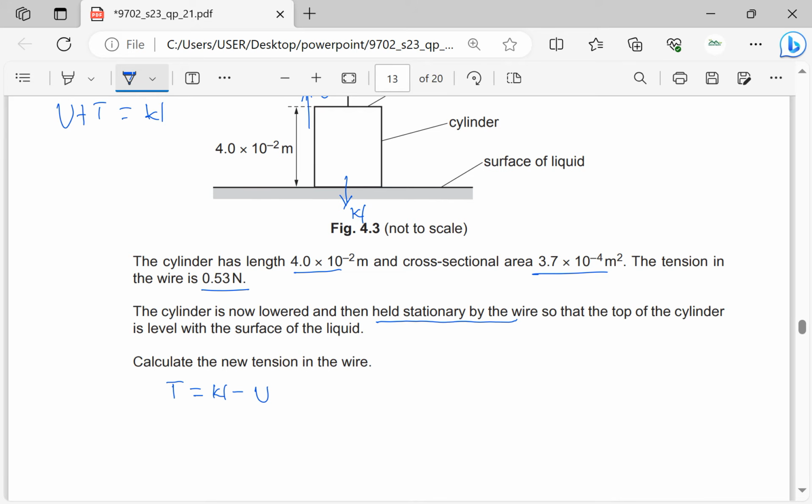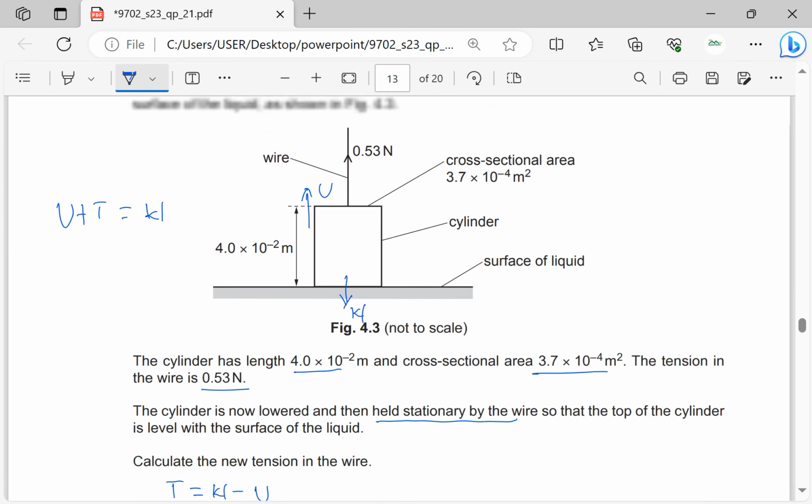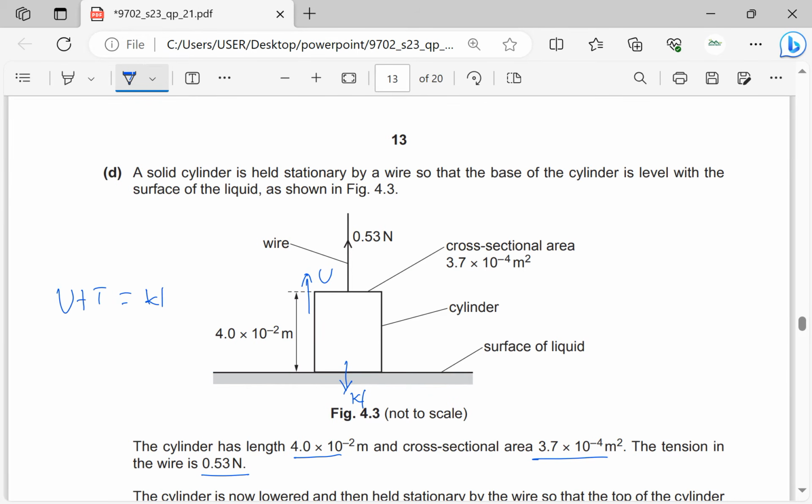The cylinder has length that and cross-sectional area that. Let me see. Initially a solid cylinder is held stationary by the wire so that the base of the cylinder is level with the surface of the liquid. It is stationary, so it means initially the weight is equal to the tension.